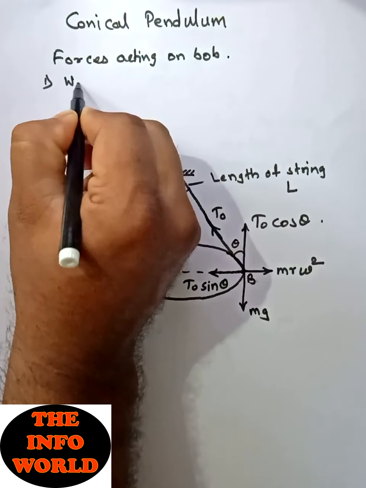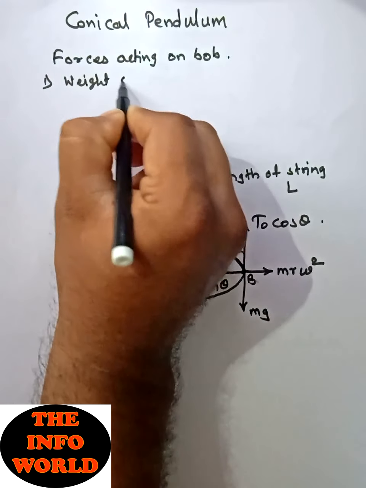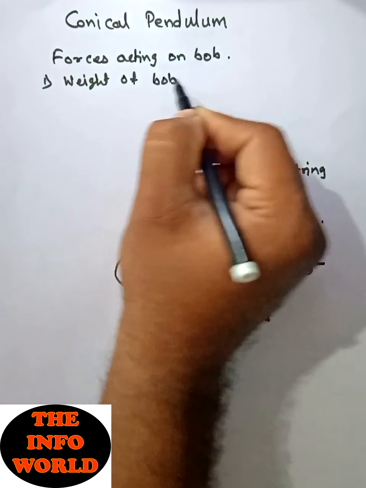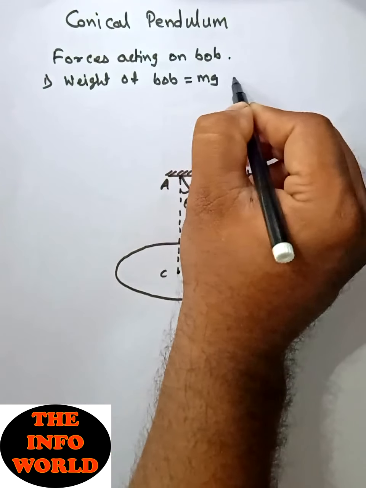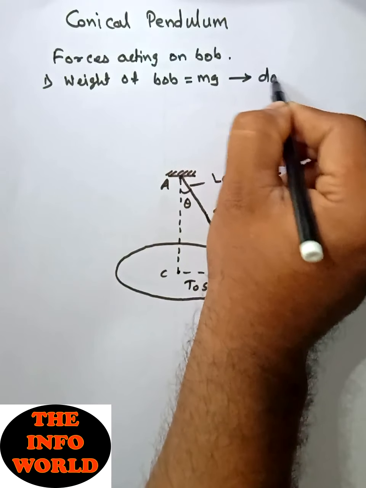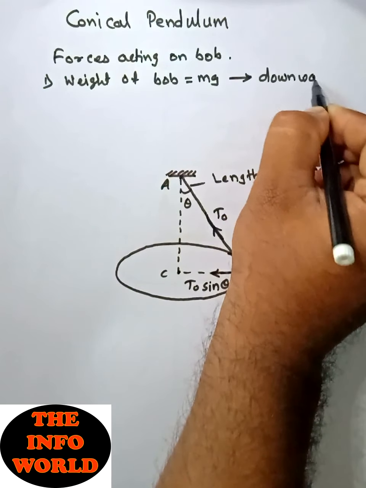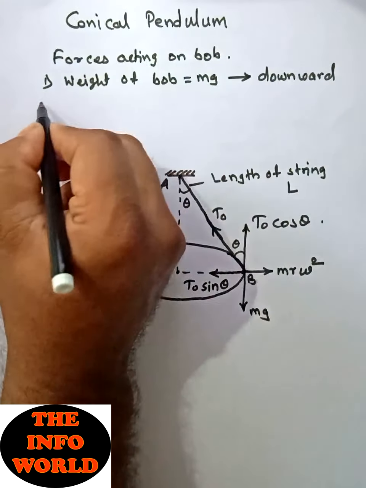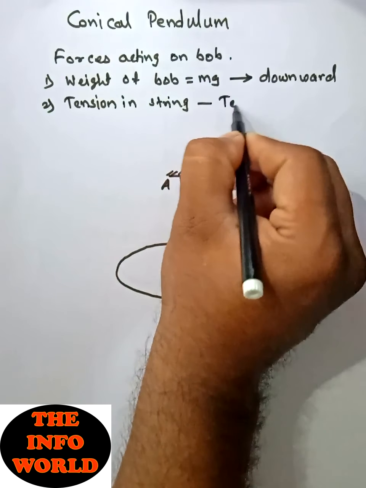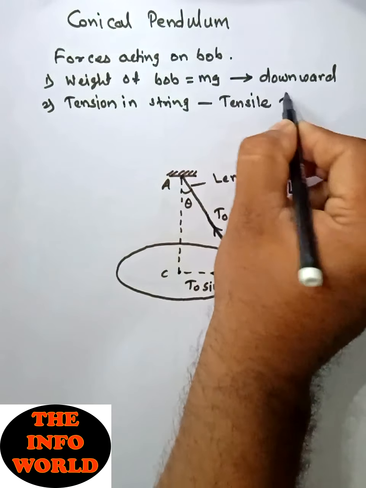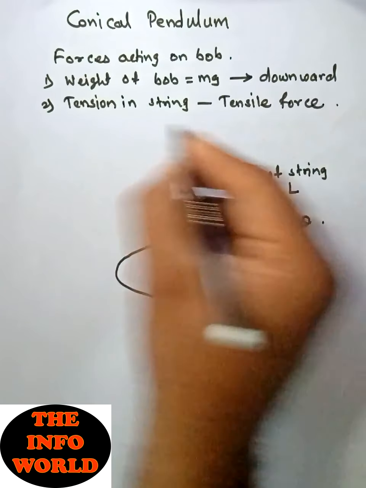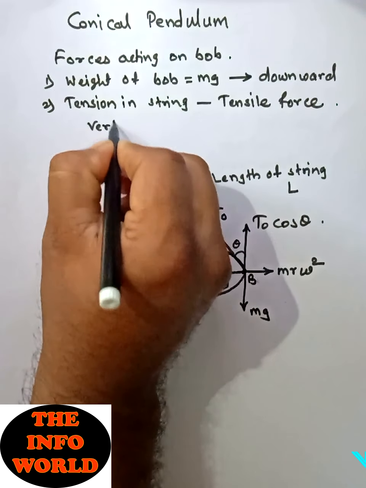We can write the forces acting on the bob. First, the weight of the bob is equal to mg, in the downward direction. Second, the tension in the string will give the tensile force. It has two components.